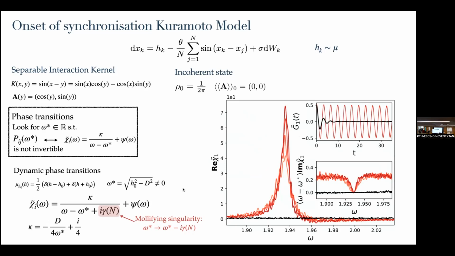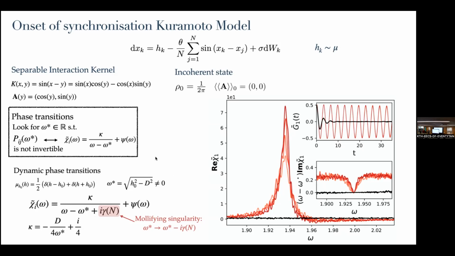And you can show that in this case, the Kuramoto model has a non-synchronized state, and then the non-synchronized state becomes, through a Hopf bifurcation, something else. And the Hopf bifurcation in this framework is identified as a phase transition at a non-vanishing frequency, omega star. This omega star you can actually evaluate for the Kuramoto model.